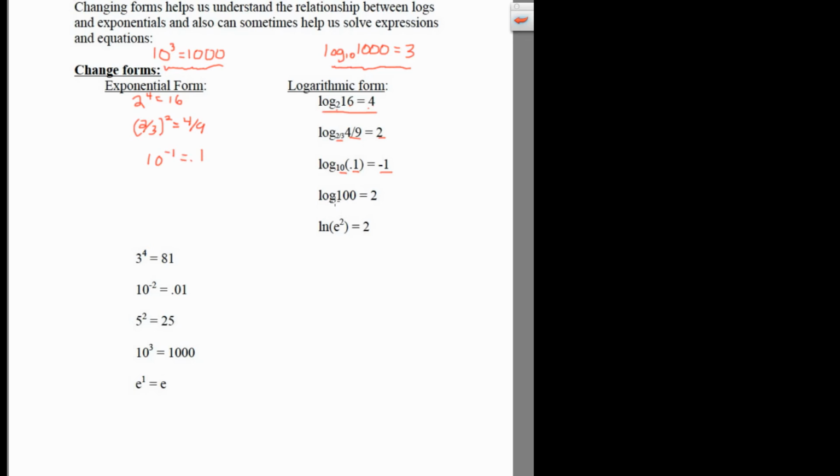Remember, when there's no base, that actually implies a base of 10. So this is 10 to the 2nd power equals 100. Okay, natural log. Remember that natural log is the same thing as log base e. So this is saying that e to the second power equals, well, e to the second power.